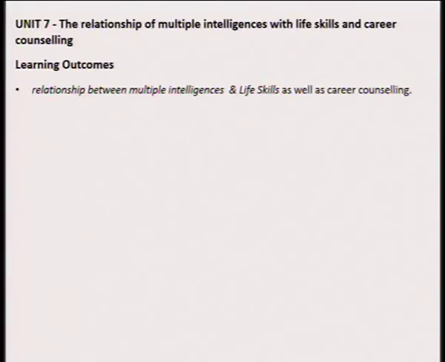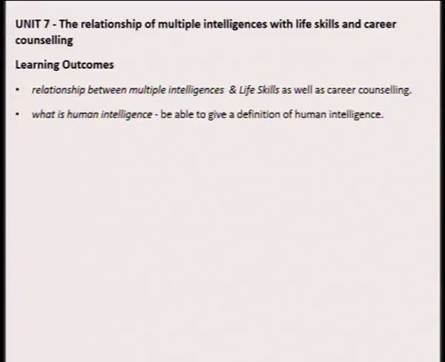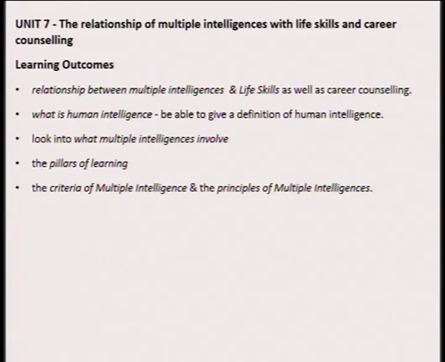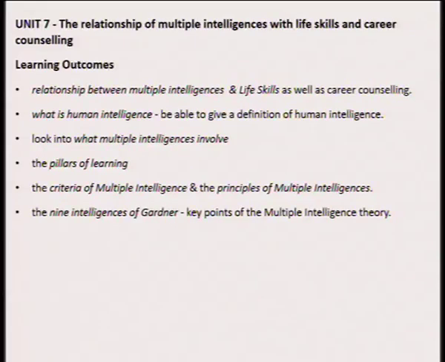Our learning outcomes in this unit include the relationship between multiple intelligences and life skills as well as career counseling. A definition of human intelligence, looking into what multiple intelligences involve, what are the 4 pillars of learning, the criteria of multiple intelligence as well as the principles of multiple intelligence, the 9 intelligences of Gardner, particularly the key points of the multiple intelligence theory, examining the relationship that multiple intelligences have with life skills.